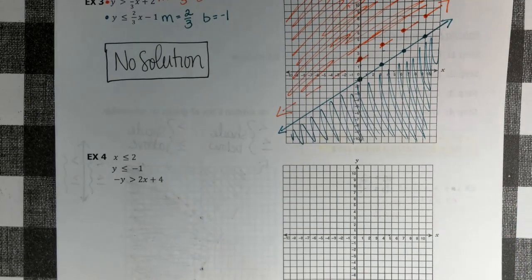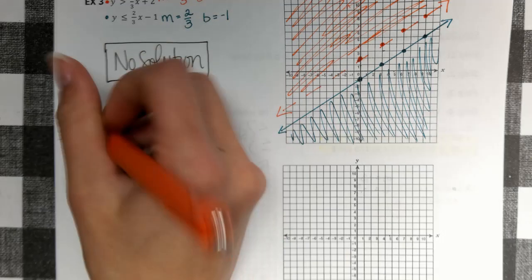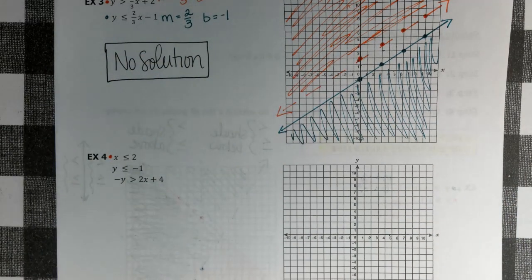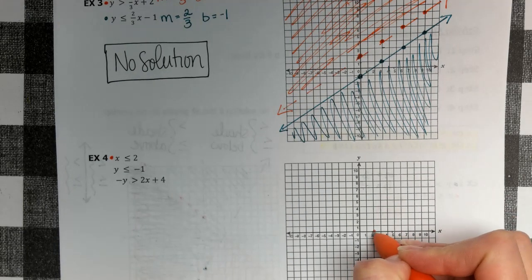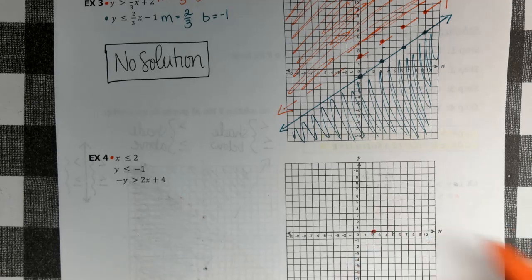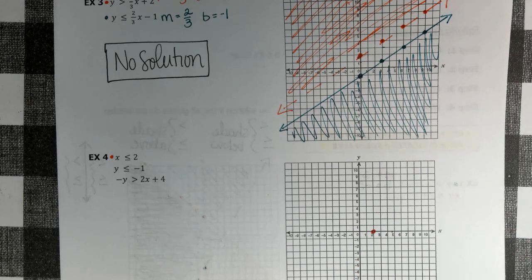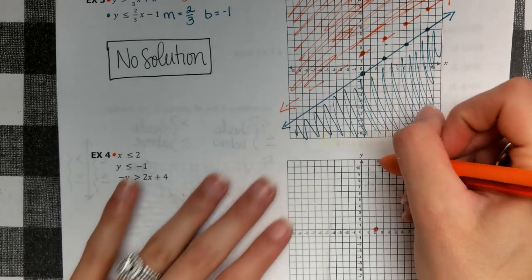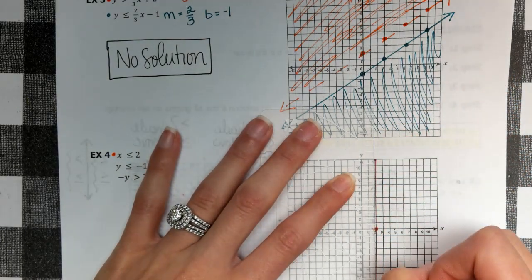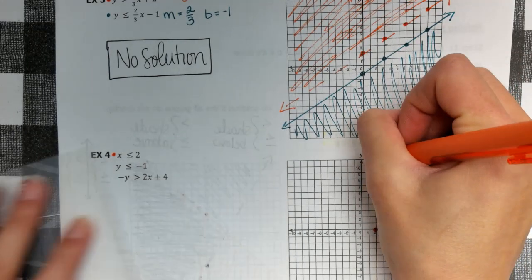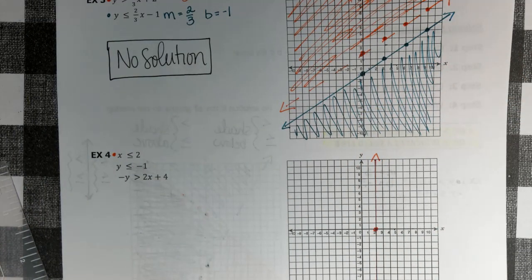And now we have a system of 3, which is fine. You just do 3 different graphs. So x is less than or equal to 2. That means my line crosses 2 on my x-axis. So that's going to be a vertical line. Is it dashed or solid? Less than, am I going to go left or right?